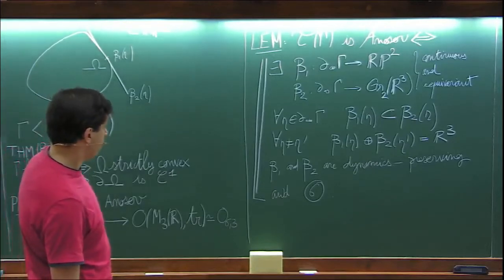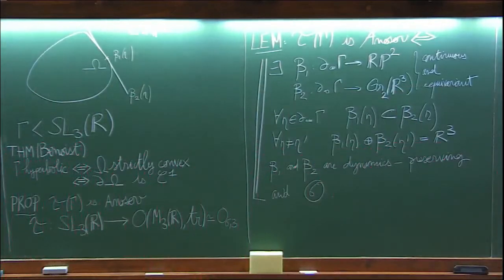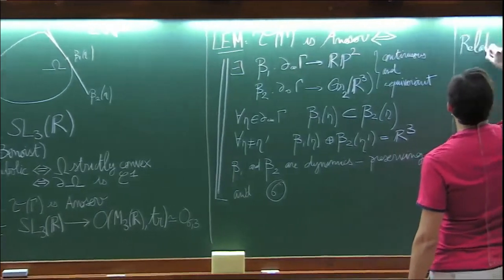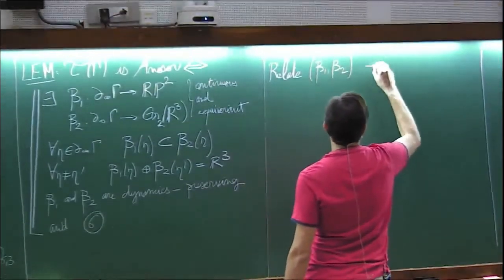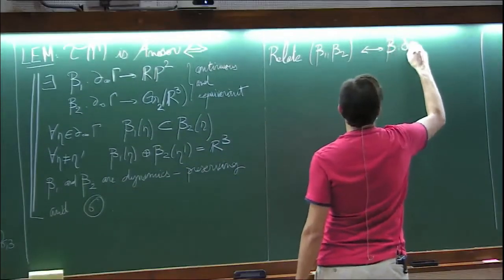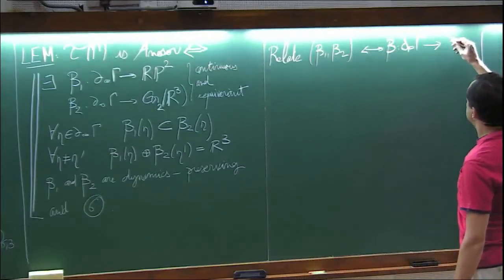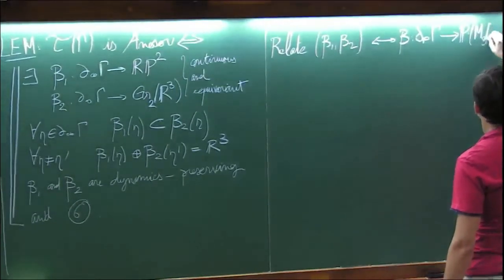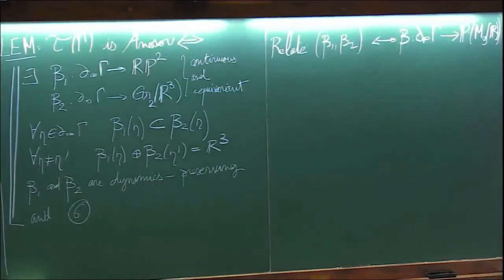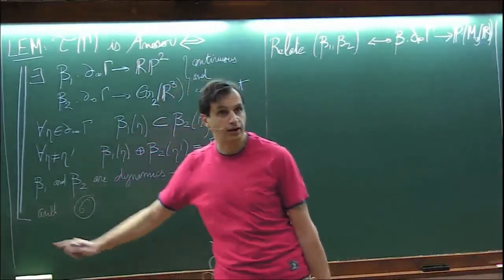Okay. And then you have to check those properties, but maybe I want to relate the pair beta 1, beta 2 with beta, that was a map from the boundary of the group to the projective space of 3×3 matrices, which is the map that I need to have tau of gamma Anosov.